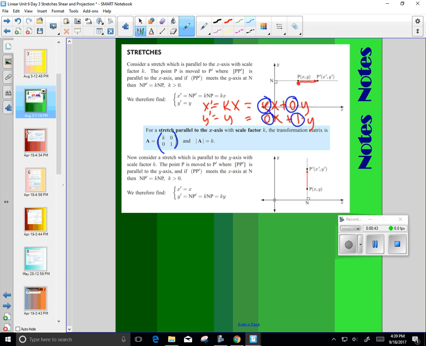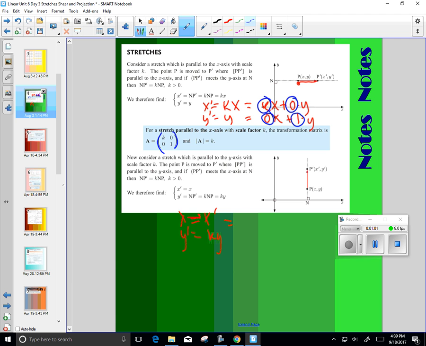And you can see for the other one, for the stretch parallel to the y-axis, the x stays the same x prime, and the y prime is some multiple of y.